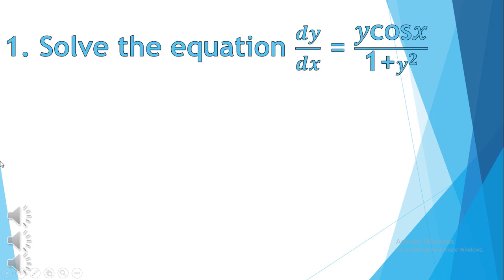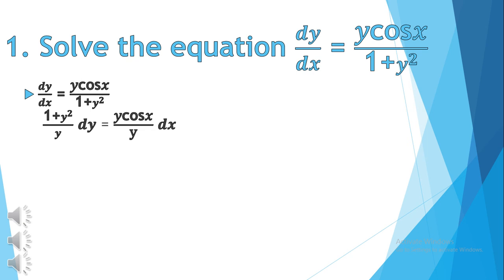Activity number 1, solve the equation dy over dx equals y cos x over 1 plus y squared. We just need to separate the x's and y's on both sides. So that means 1 plus y squared dy equals y cos x dx. And to cancel the y in cos x dx, we need to divide both sides by y.